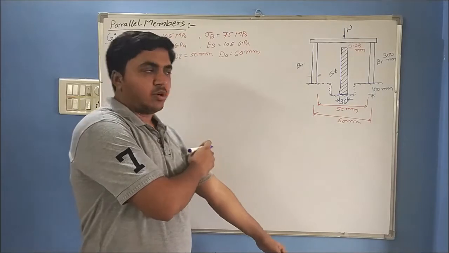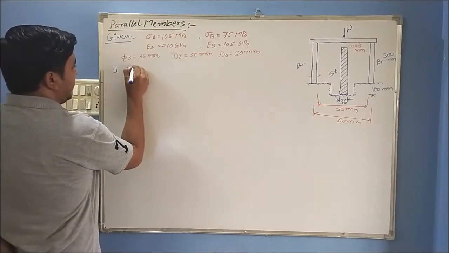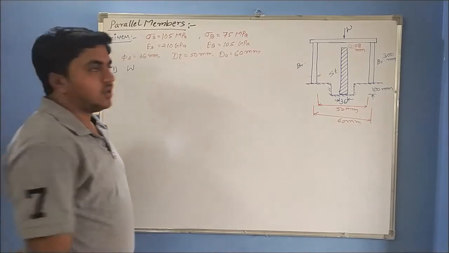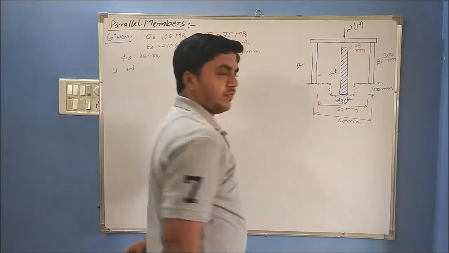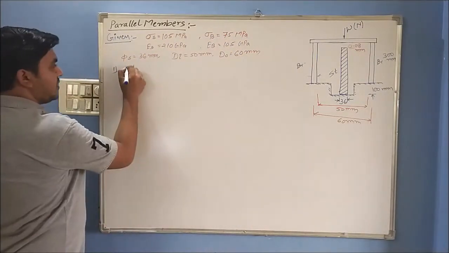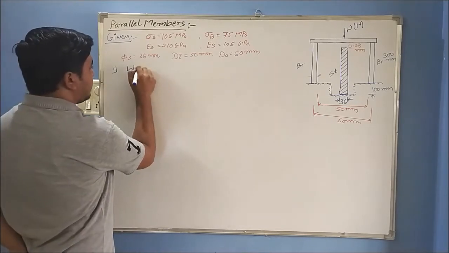So what is the load share? Total load we have is W, that we are supposed to find out. We are assuming the value of W in Newton, let's say. So W load you have to find. W load किसमें share होगा?